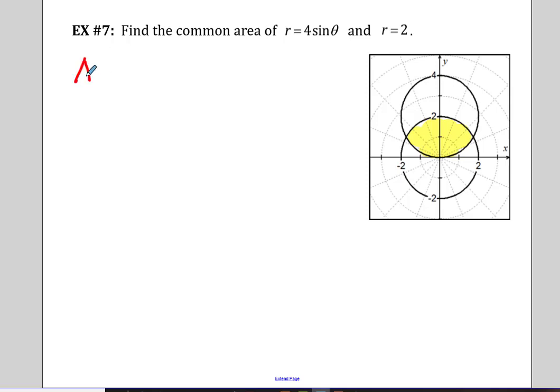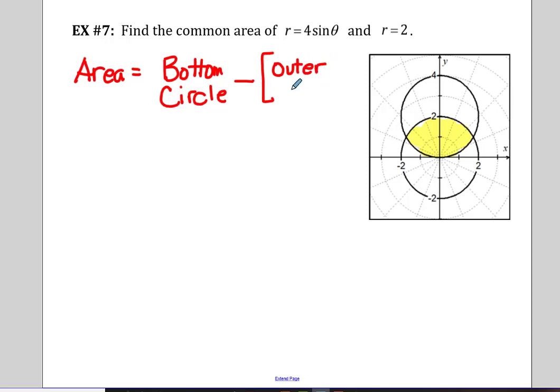Let's write that down. So I've got the area here, and if I think of the bottom circle, this entire thing, we can calculate that entire area and then subtract out the outer circle minus the inner circle. So the outer circle minus the inner circle to get rid of that.